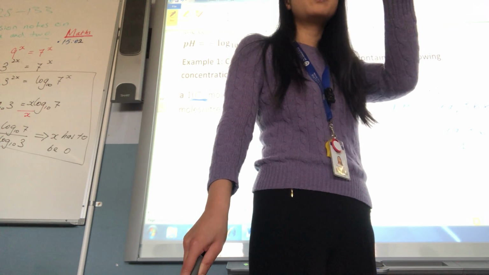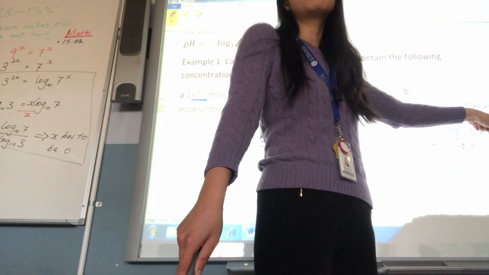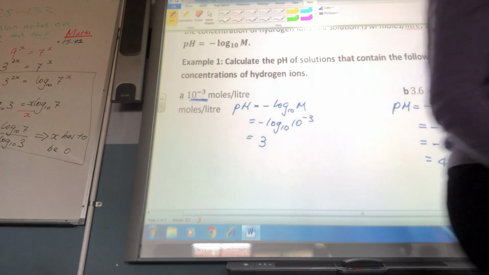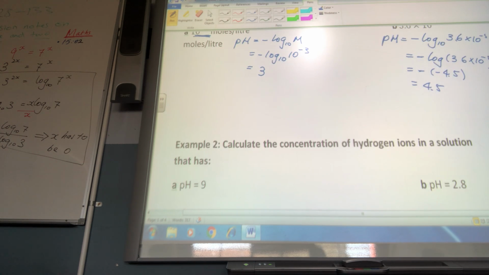So if you did your way, it's just the longer way. You can just put this straight away into the calculator. It will give you the same answer. Okay? Yes? 4.4, 4.5. Miss, can you put negative log in the calculator? Yeah. You can put in exactly this. So you can even add the negative sign in the front.